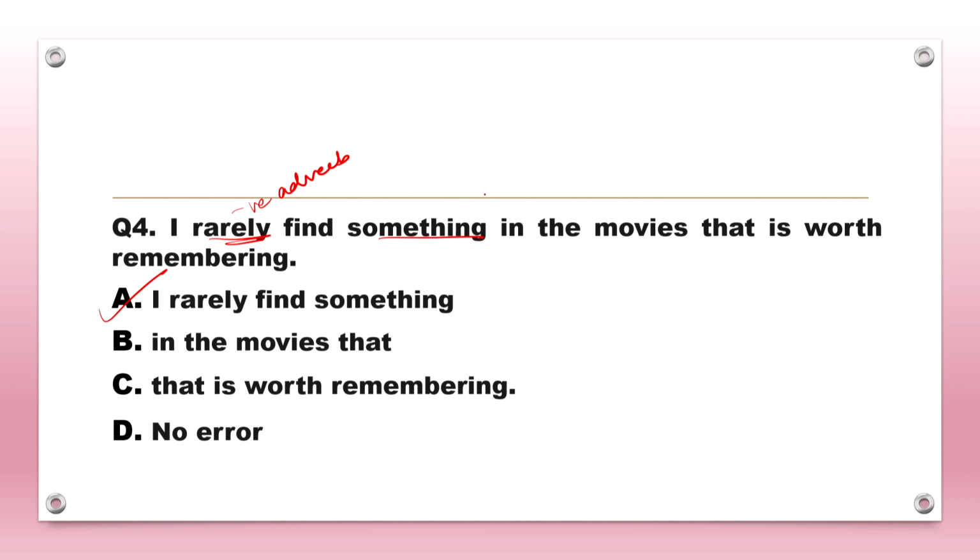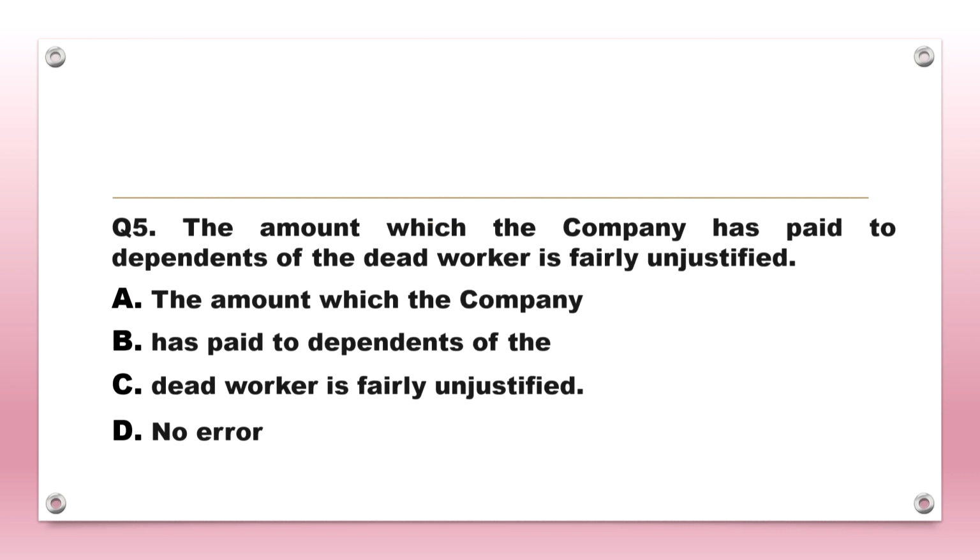Hence, we will replace something with anything. The correct sentence is I really do not find anything in the movies that is worth remembering. Now, moving on, solve this question.